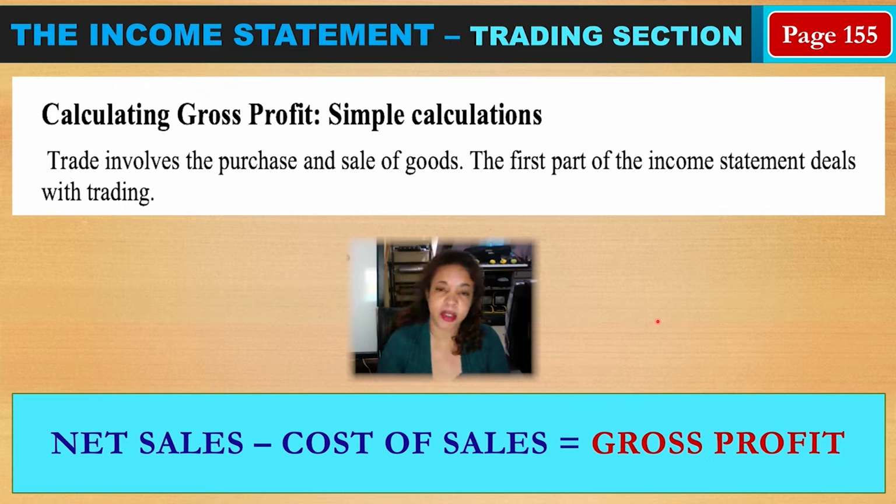Or we had it the other way, gross profit is equal to net sales minus cost of sales. We'll go a little bit more into detail a little later on what net sales means. Why net in front of it? Net, remember, every time you see net in front of something, is just sales minus something else. Net purchases will be purchases minus something. Okay?